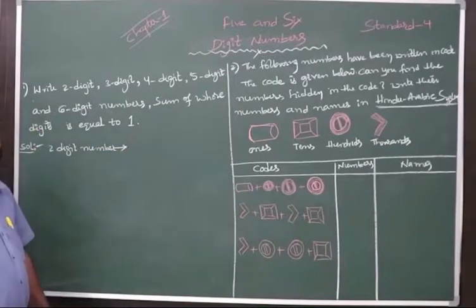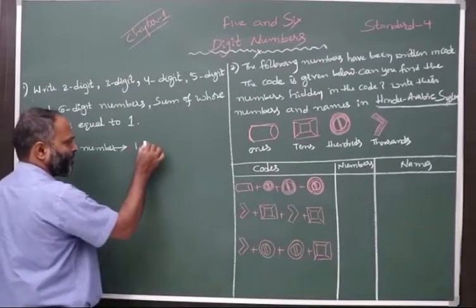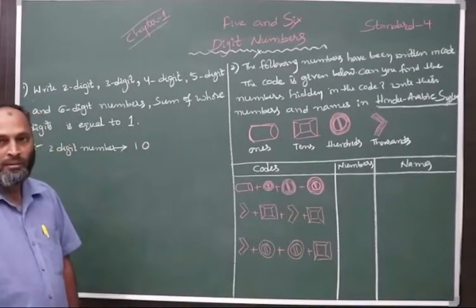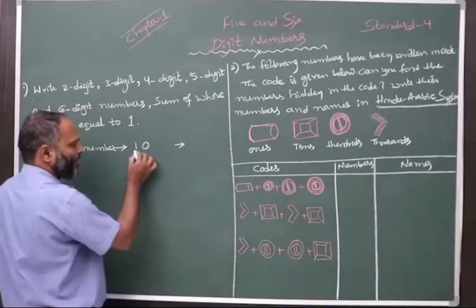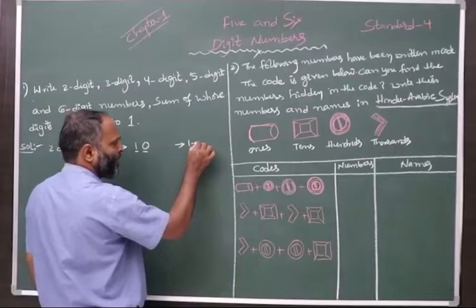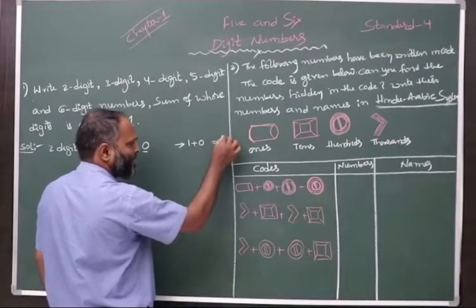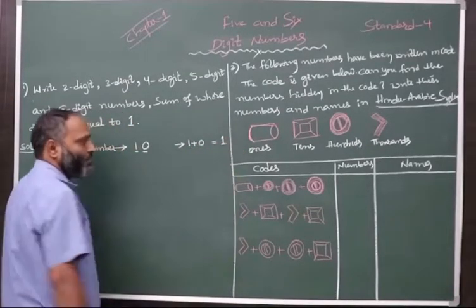In the 2-digit number, if I take 10 and add the digits, 1 plus 0, it gives answer 1.